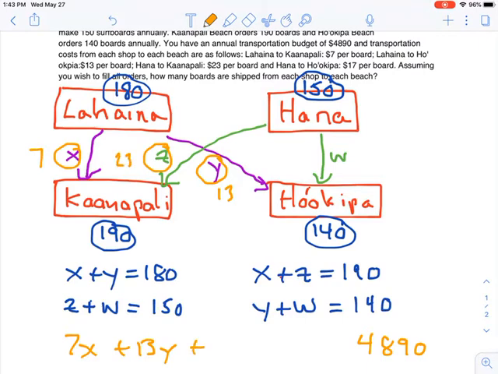So that would be 23 times Z. And then finally, from Hana to Hukipa is 17. So that is W, and that has to be multiplied by 17. All right, those are the equations that you need to set up to do this problem.